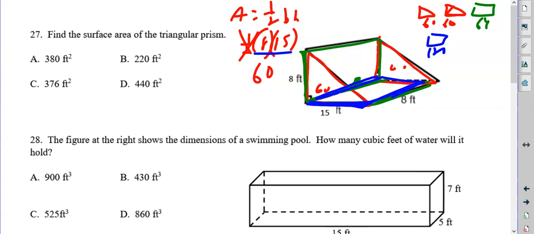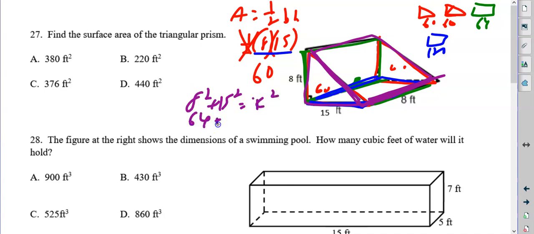And then we have this big old piece right here, the slanty piece. So that's 8, but we don't know this measurement. We need to find it. Well, that measurement is the hypotenuse of a triangle with 8 and 15 for its sides. So we do 8 squared plus 15 squared equals c squared.